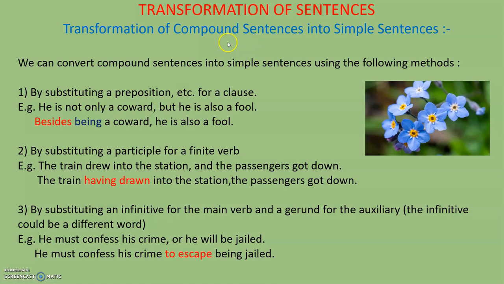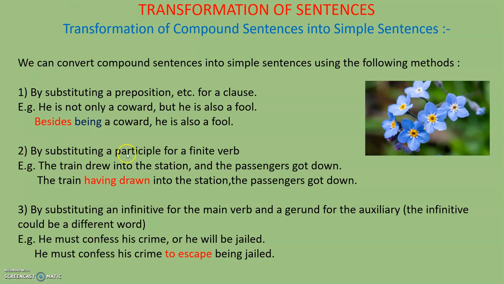Okay. Now you notice in a compound sentence, children, always before the coordinating conjunction, you have a comma. Okay. Remember that. Now, he is not only a coward, but he is also a fool. Now, to make it simple, use the preposition: besides being a coward, comma, he is also a fool. Okay, so you have used the preposition besides.